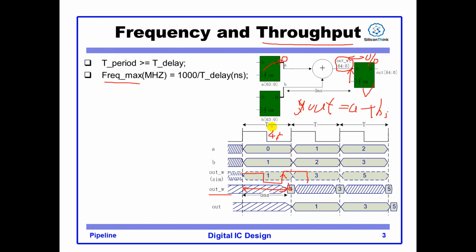Then you can get the answer: the period of the clock must be larger than or equal to 5 nanoseconds. Then it will just catch the right result here.